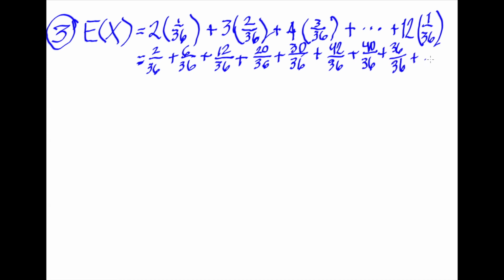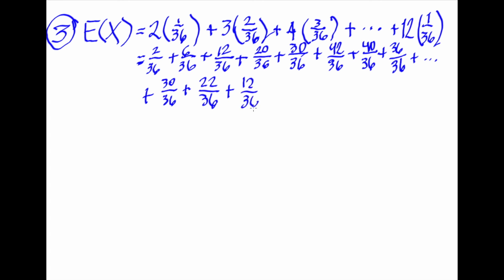We need to continue with 10 times 3, so it's going to give us 30 over 36. And then 11 times 2, that's 22 over 36. And lastly, we have 12 times 1, which is 12 over 36.